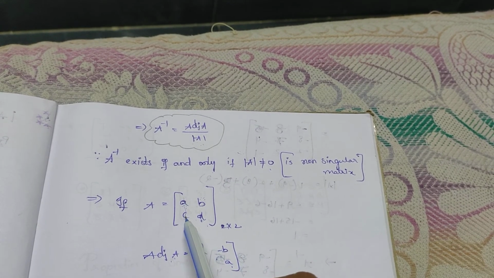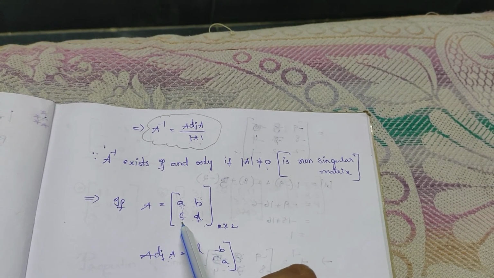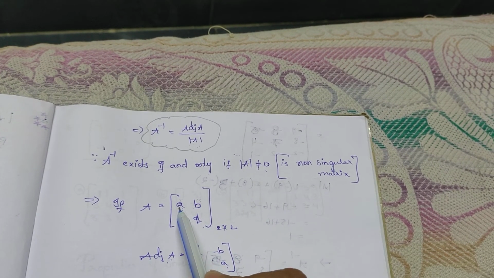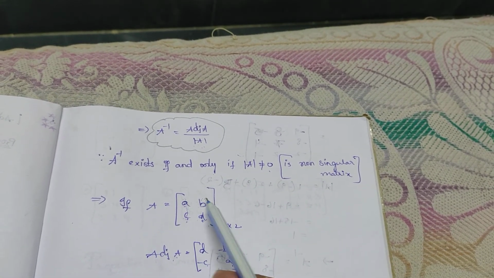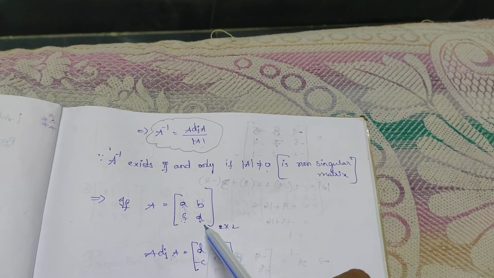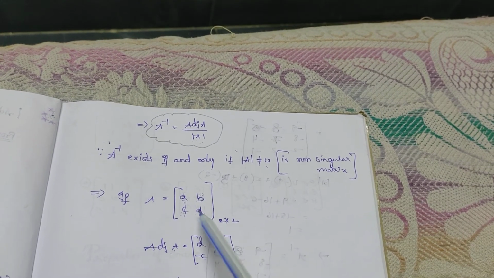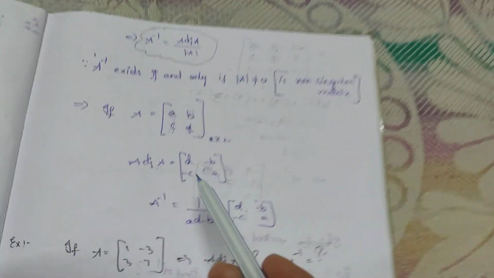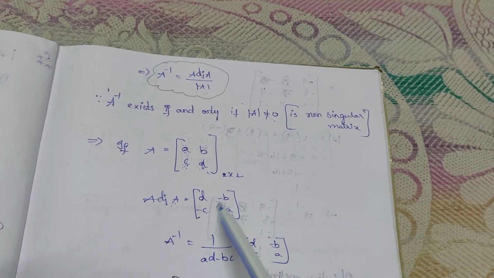So the cofactor of C is obtained by leaving the row and column, and you get minus B. And for D it is plus; leave the row and column passing through D, then you have only A. The corresponding cofactor of D is nothing but A. So its cofactor matrix is D, minus C, minus B, A. So the transpose is D, minus C written in the column, and here minus B, A. So directly, by heart: interchange A and D, and for B and C just write opposite signs.